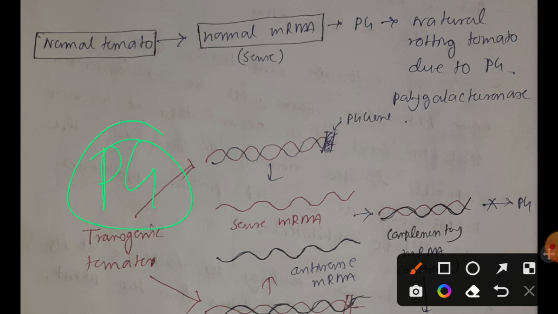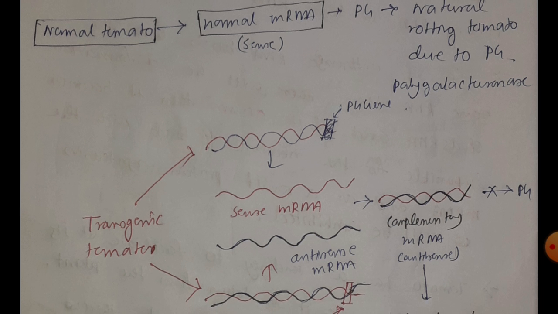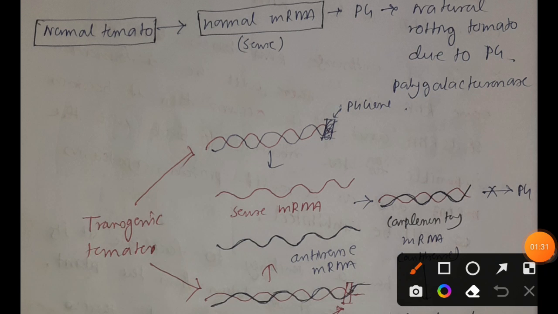This enzyme causes degradation of various important things inside the cell. Okay, and this degradation facilitates the ripening of the tomato, and as a result, after 2 to 3 hours it will be totally rotten.